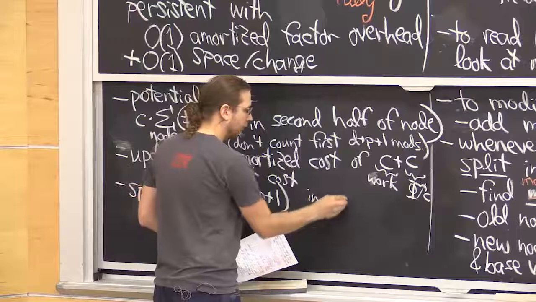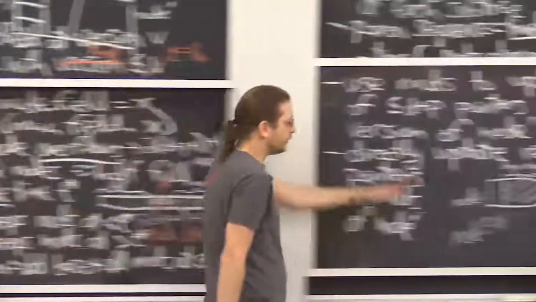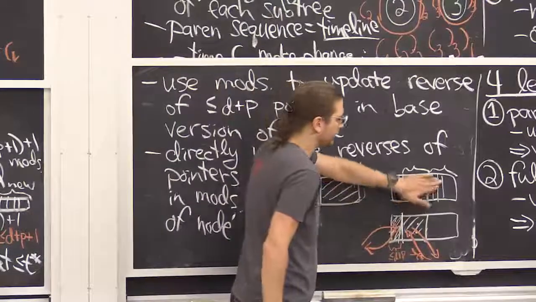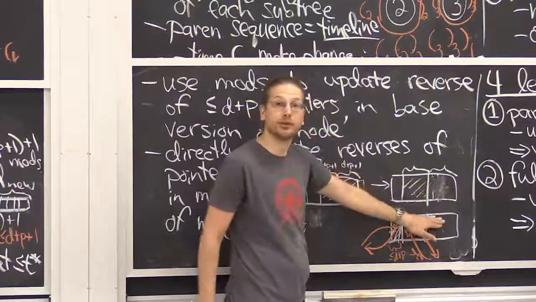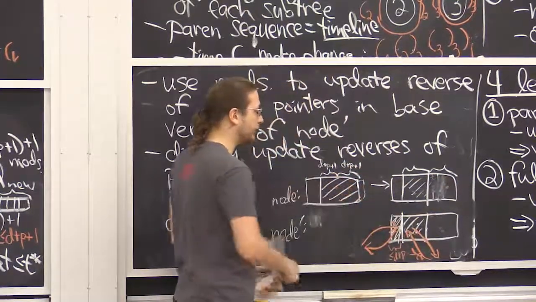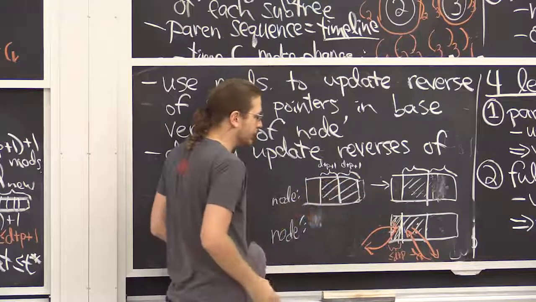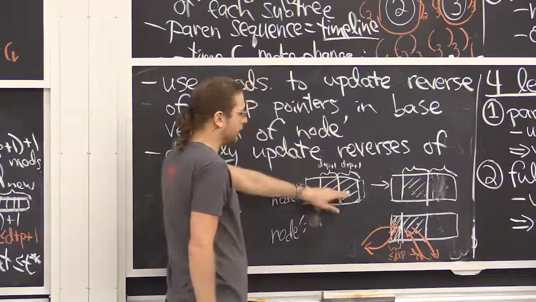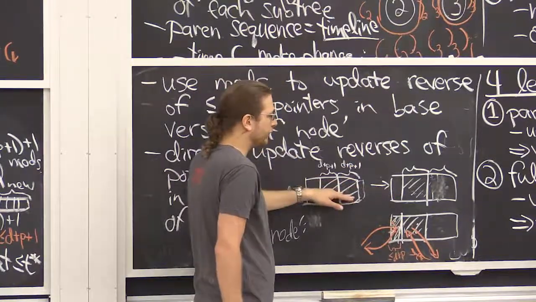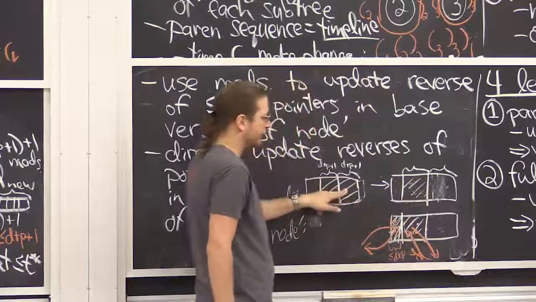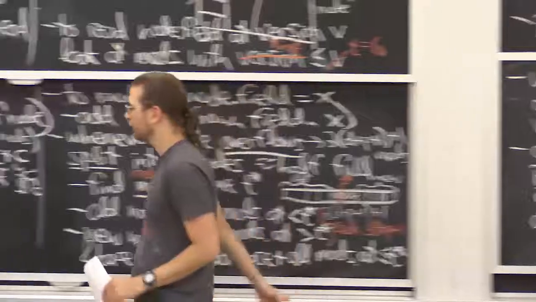Or I guess in node and node prime, because both of these, after we do the split, are empty in the second half. So these guys both have 0 potential, whereas this one has potential d plus p plus 1. Maybe even plus 2, but I don't need that for this analysis. So great, our potential went down because we had a full node. Now we have 2 half-full nodes. This counts as d plus p plus 1. This counts as 0. This counts as 0. So that's a decrease in potential.